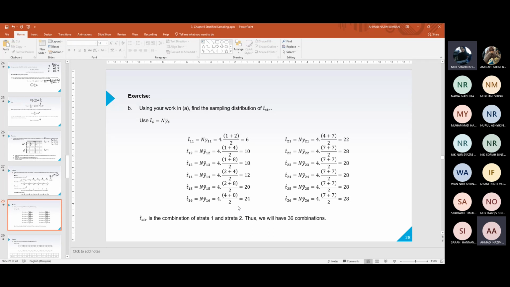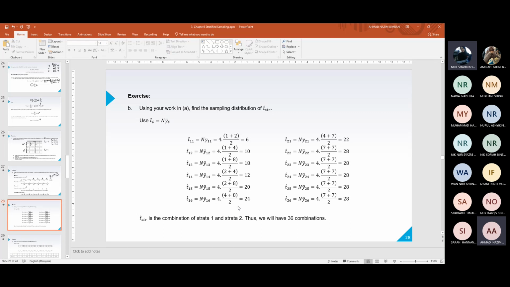In simple random sampling, we do it in one shot. But this time, you need to do it separately for stratum number 1 and stratum number 2. Repeat the same process, but for different strata.